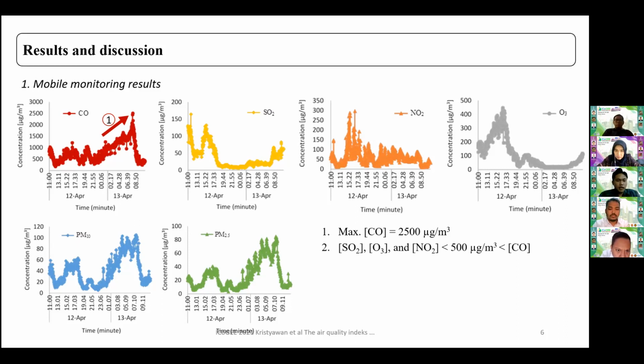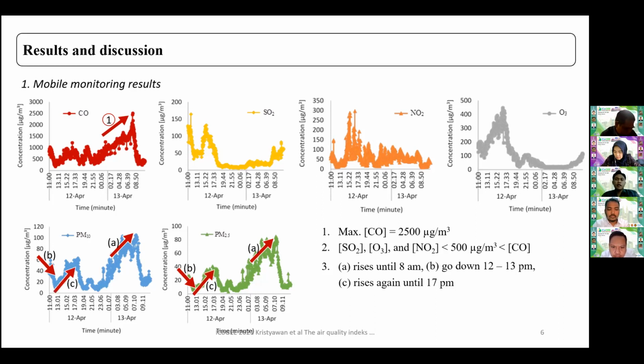And let's see the particulate matter. In the particulate matters, first, they have some trend in our measurement. It's similar between them. The particulate matter rises until 8 a.m. and goes down from 12 until 13 p.m. and also rises again until 17 p.m. And both of the particulate matters have a value below 120 microgram per meter cubic.